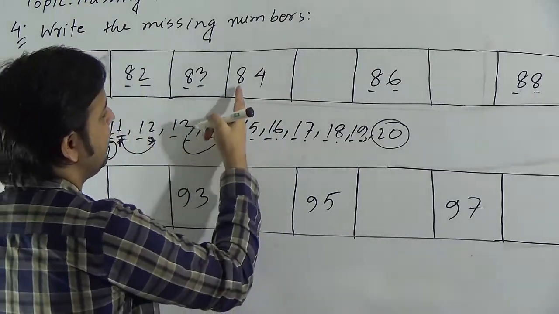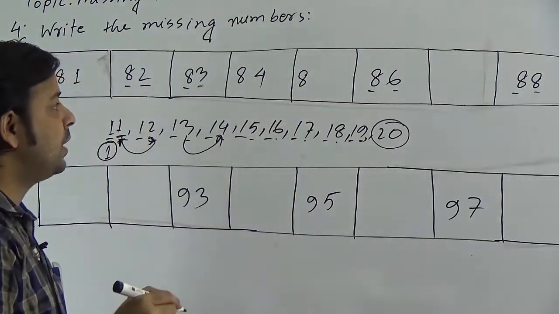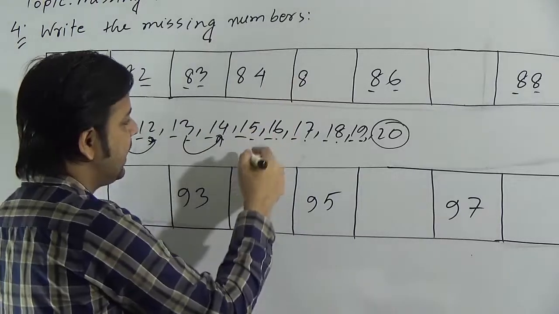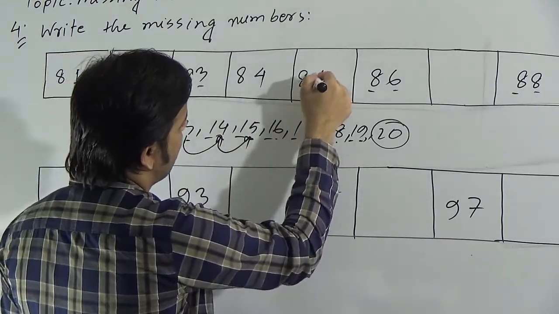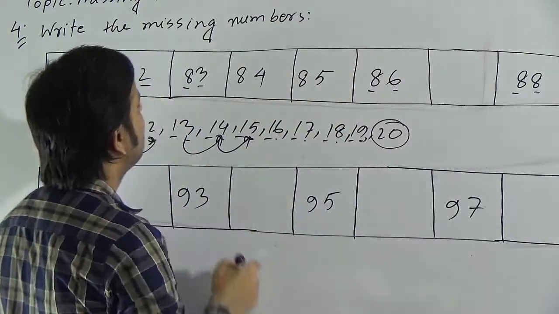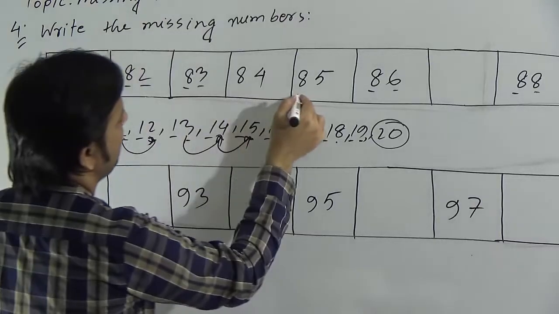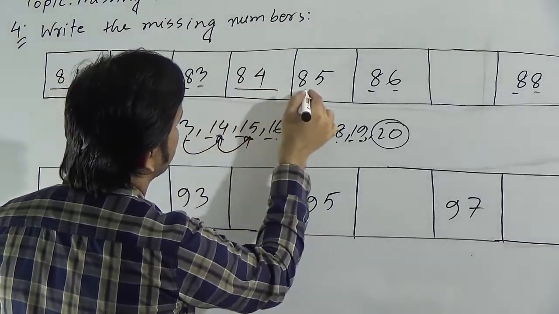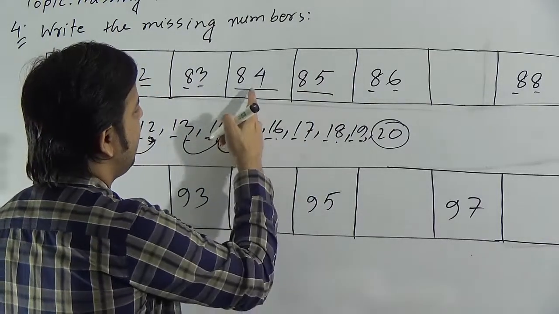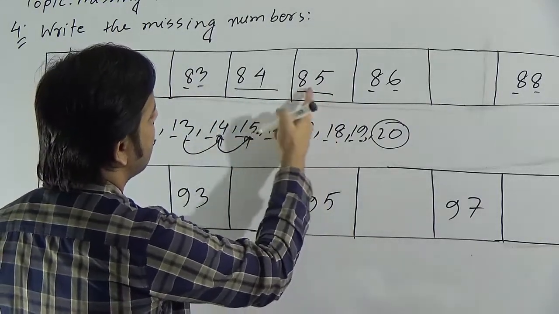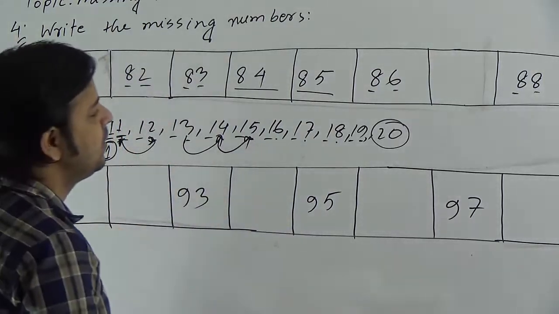Now here is also 8, so the tens position of this number will also be 8. After 84, after 4 the one's position is 5, so we write 85. These are missing numbers here: 84, 85, and 81 is also a missing number.